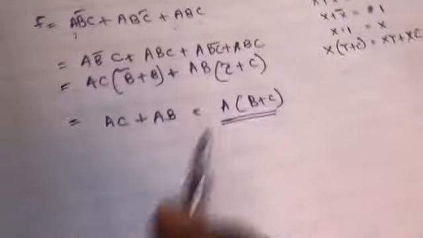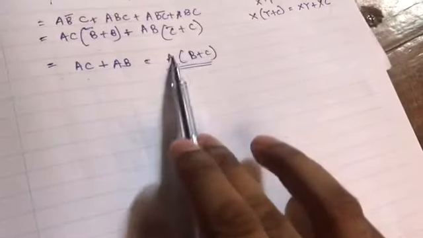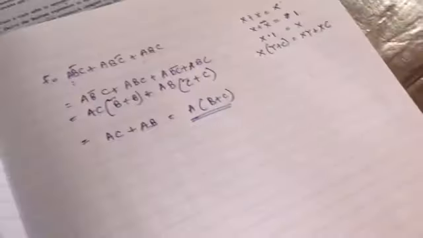So the next part of the question is to construct the logic circuit for the simplified Boolean expression. We will be constructing the logic gates for this, and also drawing it. There are two ways to draw logic gates. I'll draw the two expressions in the two methods.